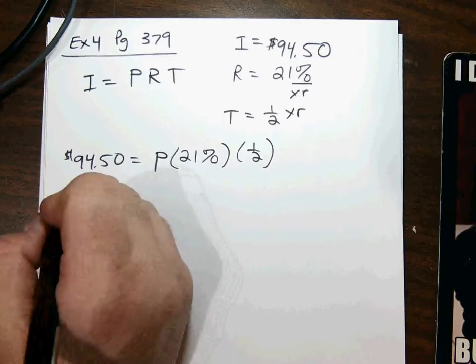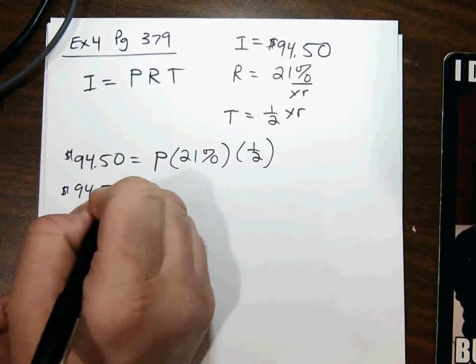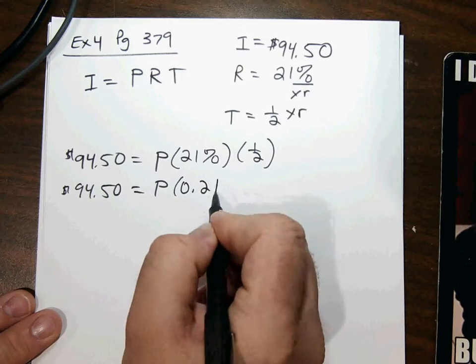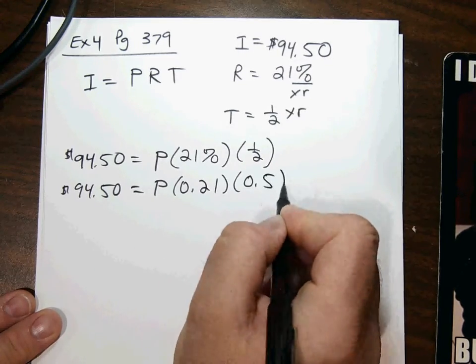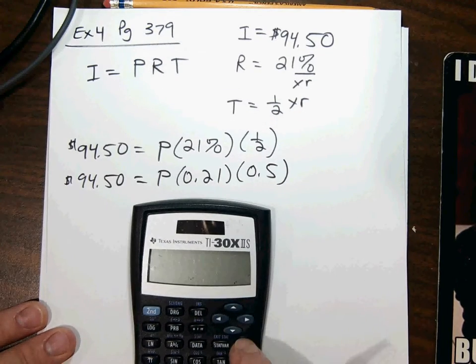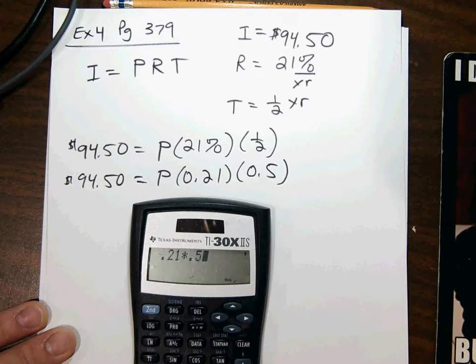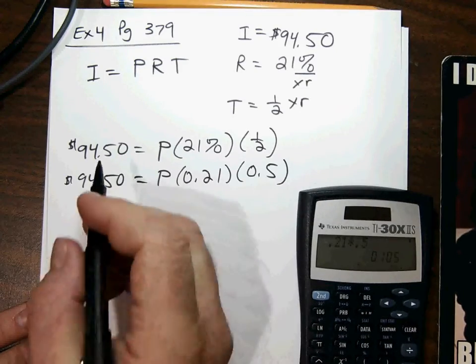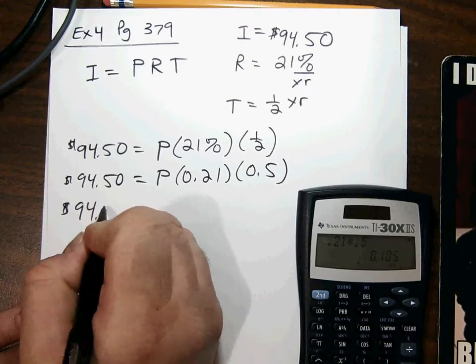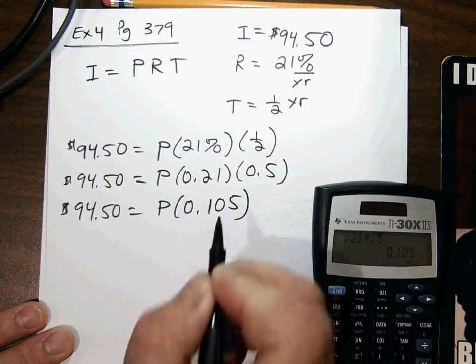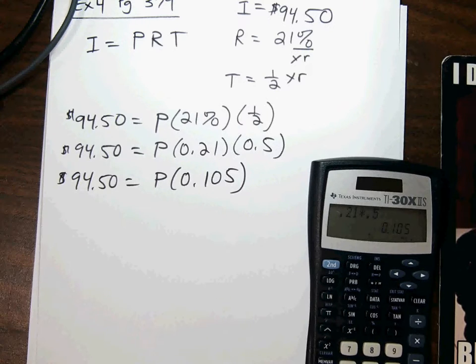It might be easier to convert those to decimals, 0.21 and 0.5. So let's take 0.21 times 0.5. What do we get? We get 0.105. So 94.50 equals P times 0.105.